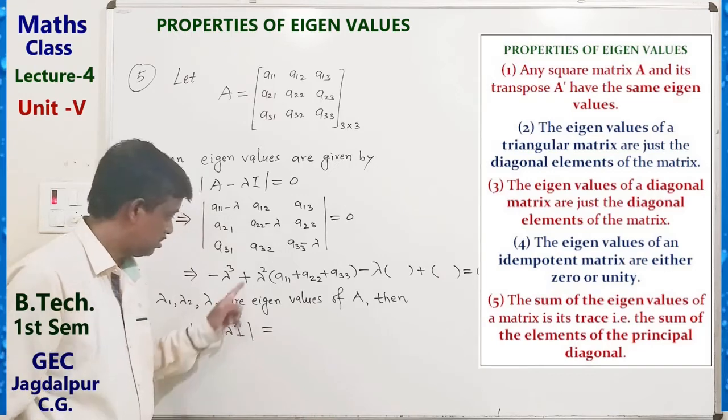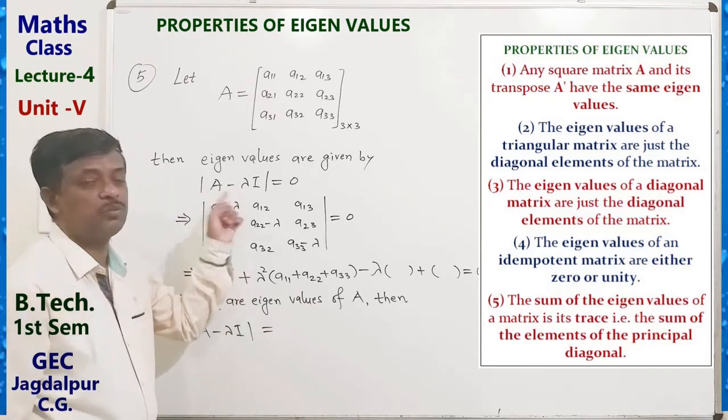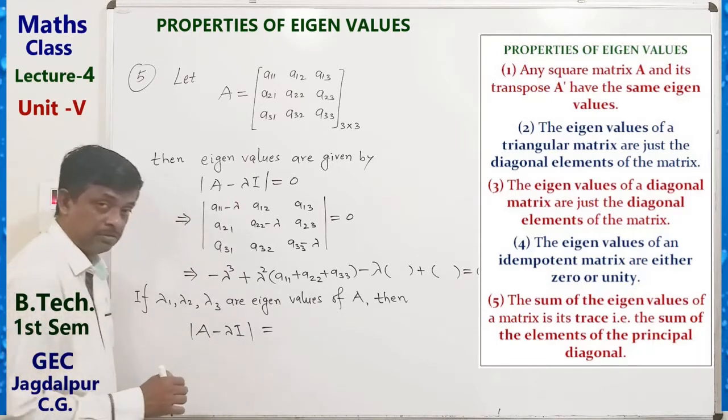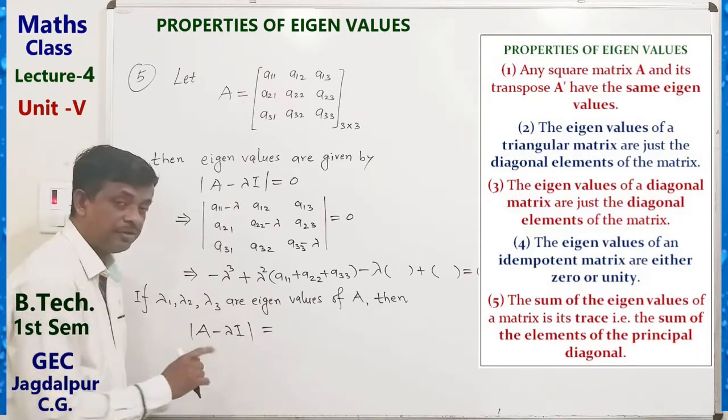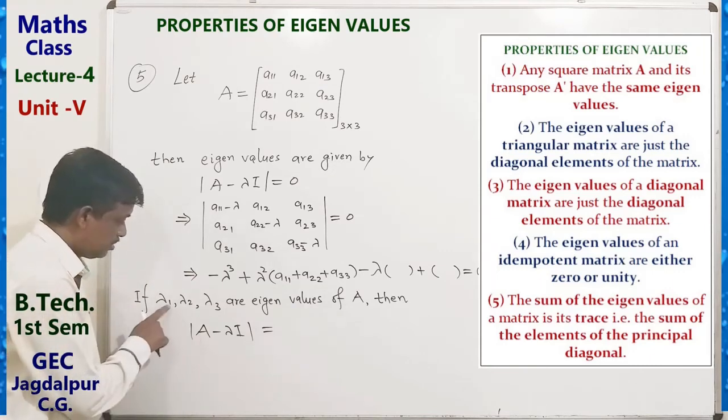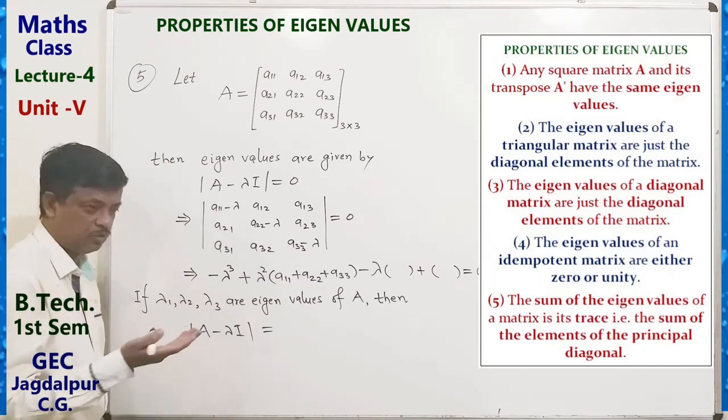The characteristic polynomial, just like this. The characteristic polynomial is a cubic equation in lambda. So here these three are the roots of this equation.